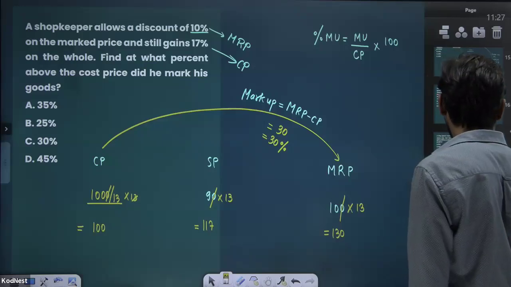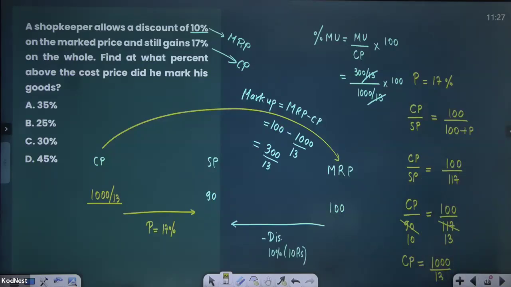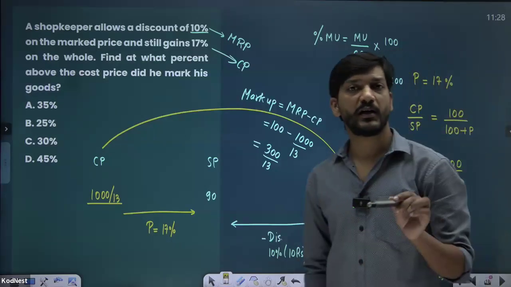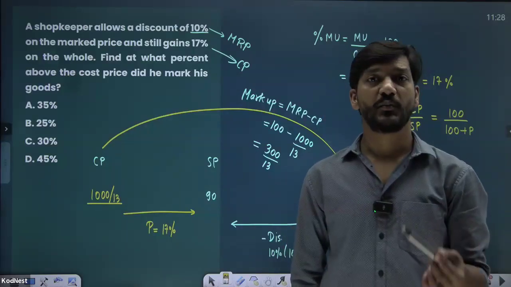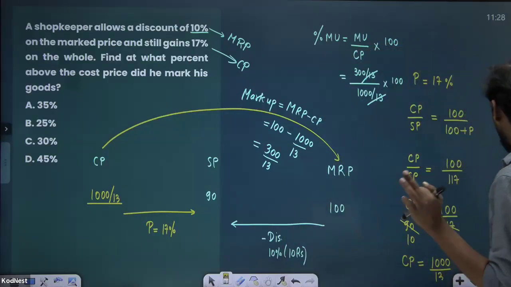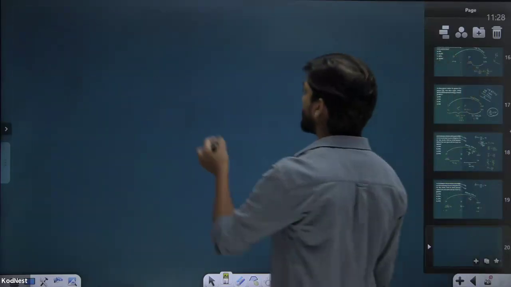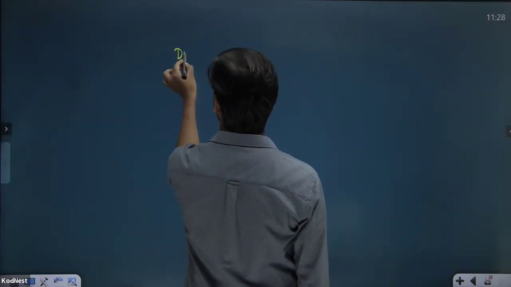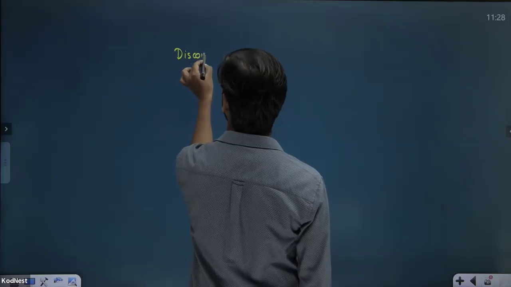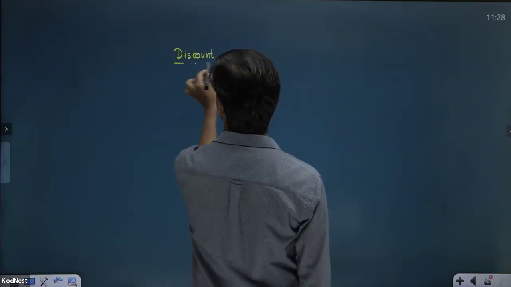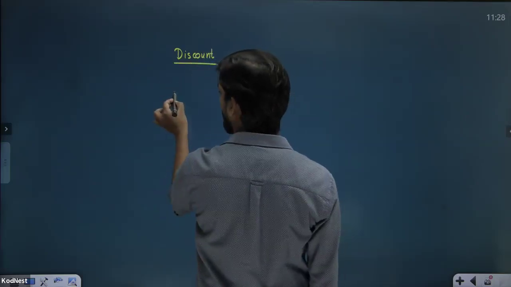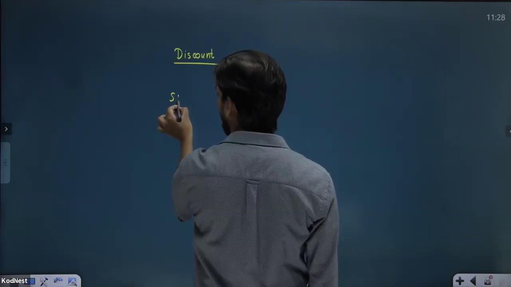All right. Carefully see once. The way we write when profit percent is given, the way we write cost price by selling price, can you write the same thing or something similar for discount percent? I'm saying whenever discount is given, discount is related with selling price and marked price.